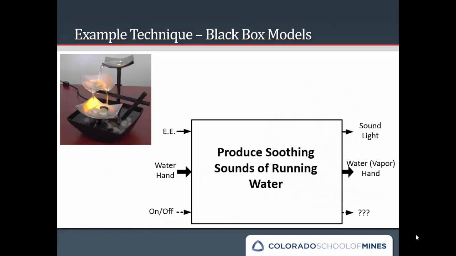So let's go back to the example of our Zen model. In our Zen model, the black box model of our Zen waterfall, we want to produce soothing sounds of running water. Our inputs are electrical energy, water in our hand, and on-off information. Our outputs are sound and light, and water vapor from water evaporating from the water that's running through the system.